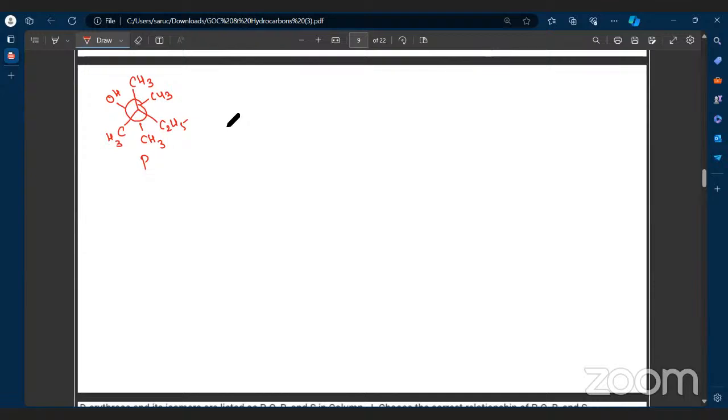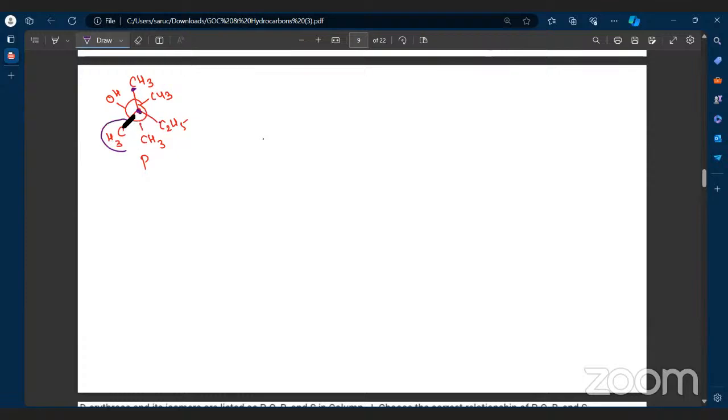So what is the name? How many carbons does it involve? It involves 1, 2, 3, 4, and 5. So this is the carbon chain over here.